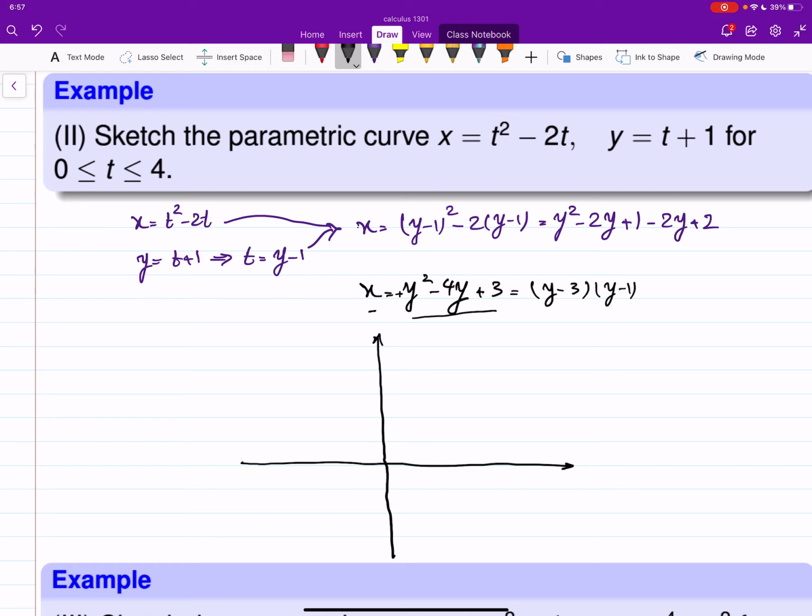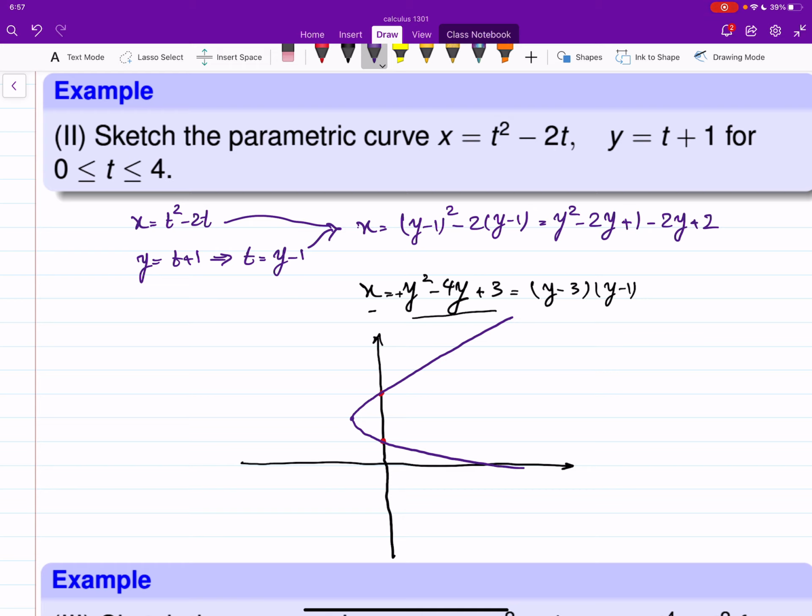And if I set this equal to 0, that means we have 2 points, at 1 and at 3. This passes through those. And then actually what will happen here is that there is a point here, which is the vertex. And we are looking for something like that.